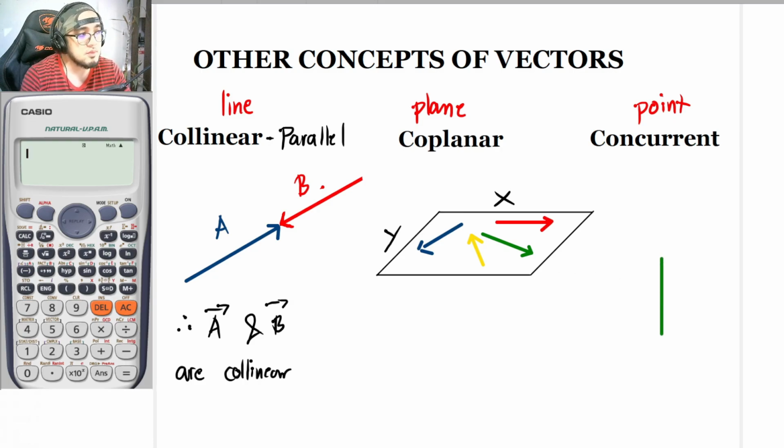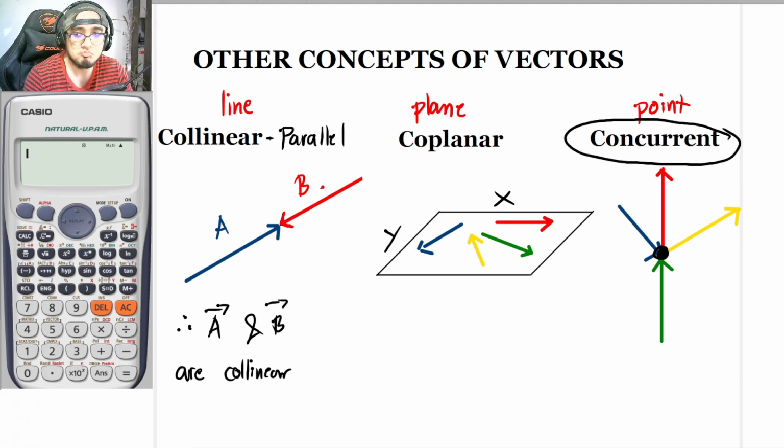This is our vector A. Then we have another vector here, and another vector, and another vector. As you can see, all of these vectors share the same point.